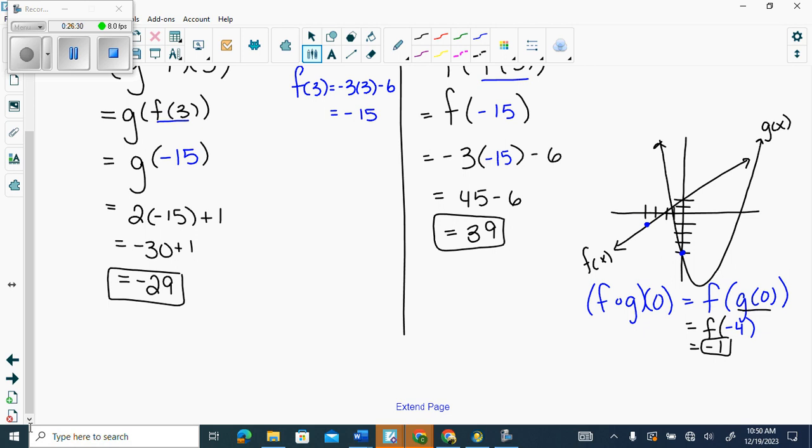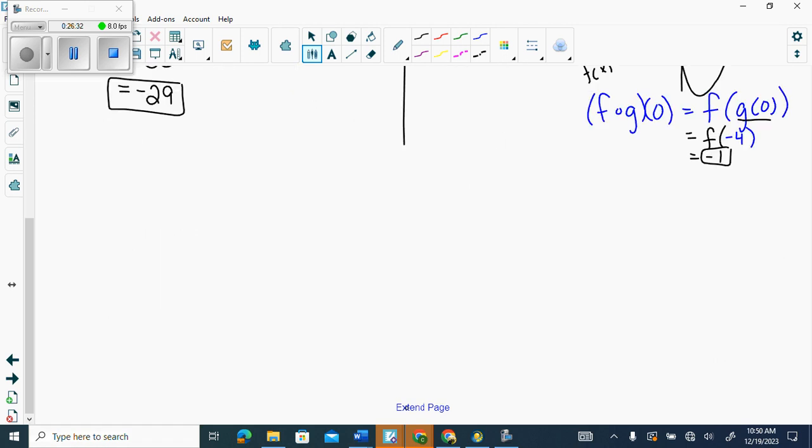Okay. Last question. So say I give you h of x equals 2x minus 5 squared, and f of x equals x squared, and I tell you to determine g of x.